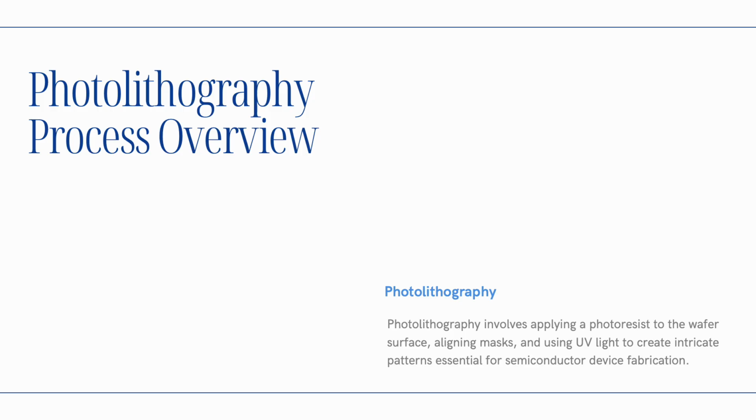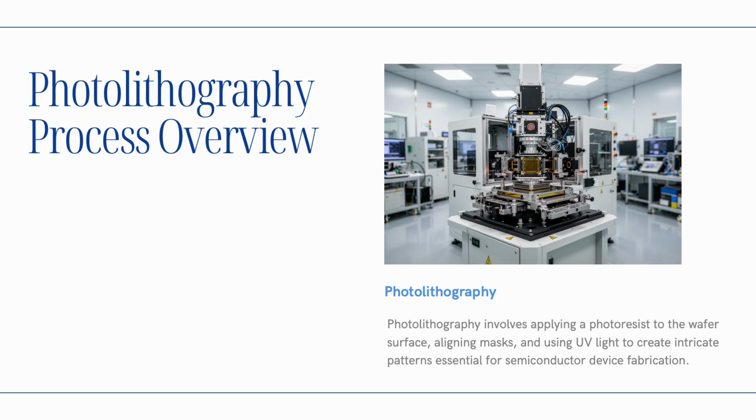Now, let us elaborate on each of the patterning steps. So, first comes photolithography. As the name suggests, it is the exposure of the wafer to light. The photolitho process steps can be explained as follows. First, photoresist is applied to the silicon wafer.